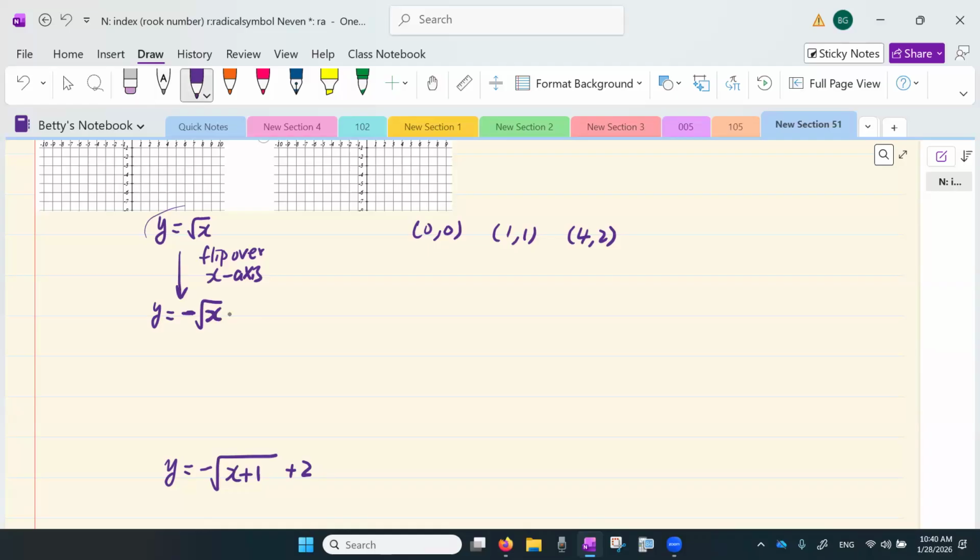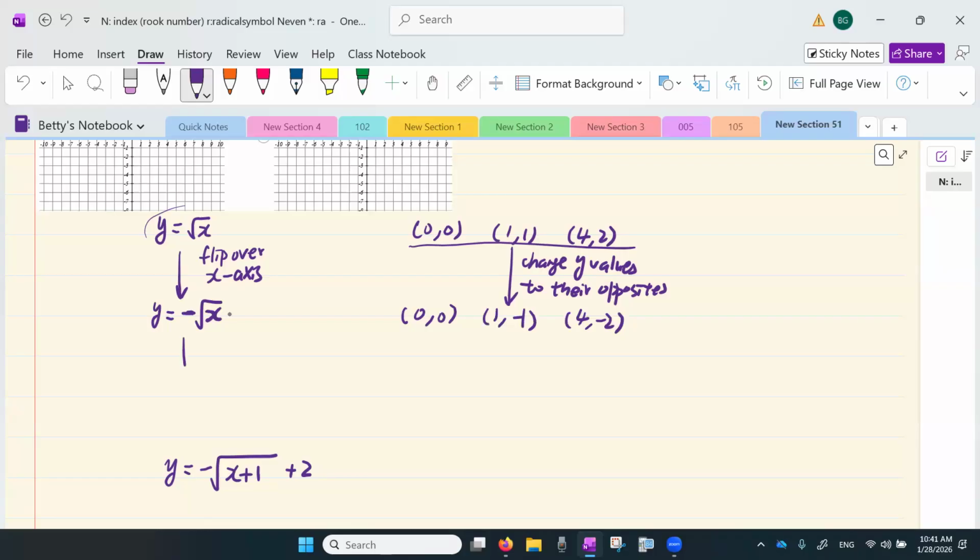So we change the y values to their opposites and keep the x value. Keep 0, change y to -0, which is still 0. Keep x, change y to the opposite, right?